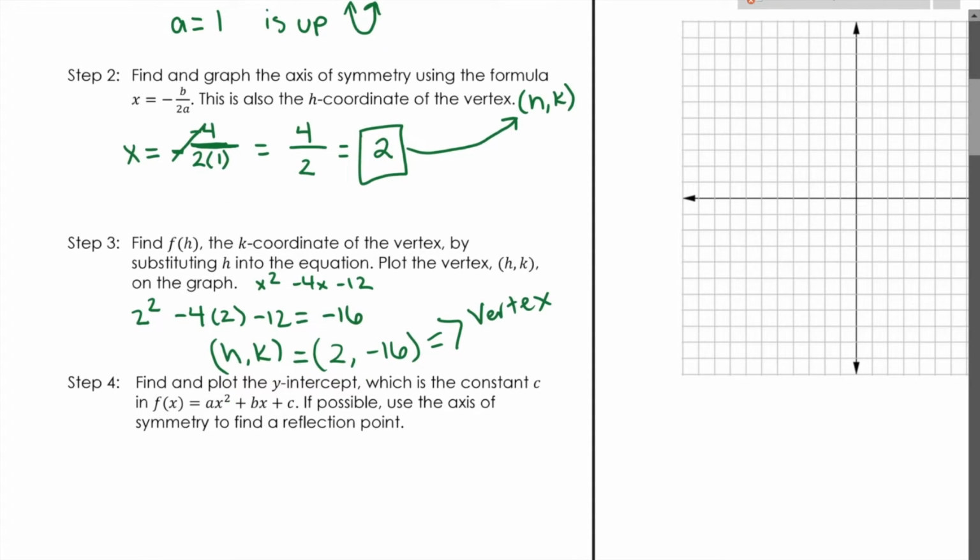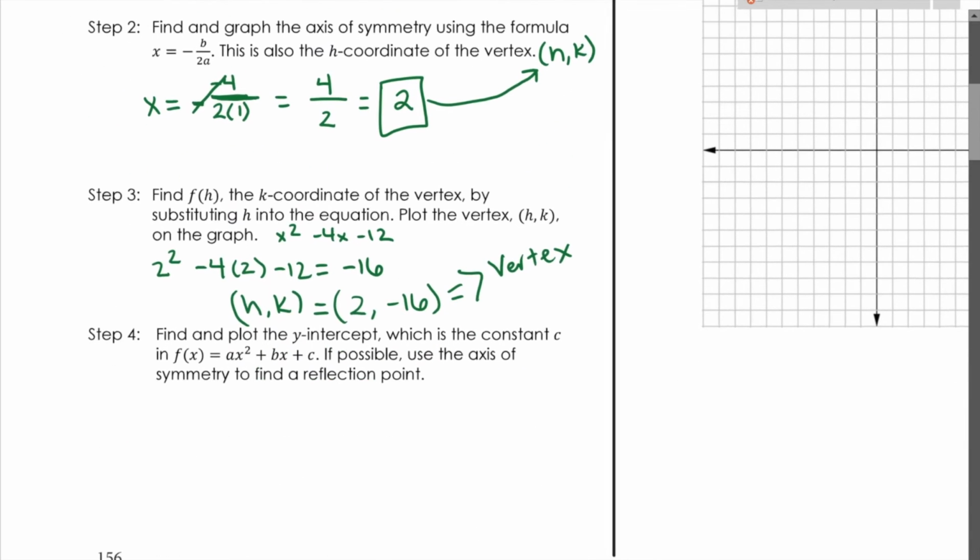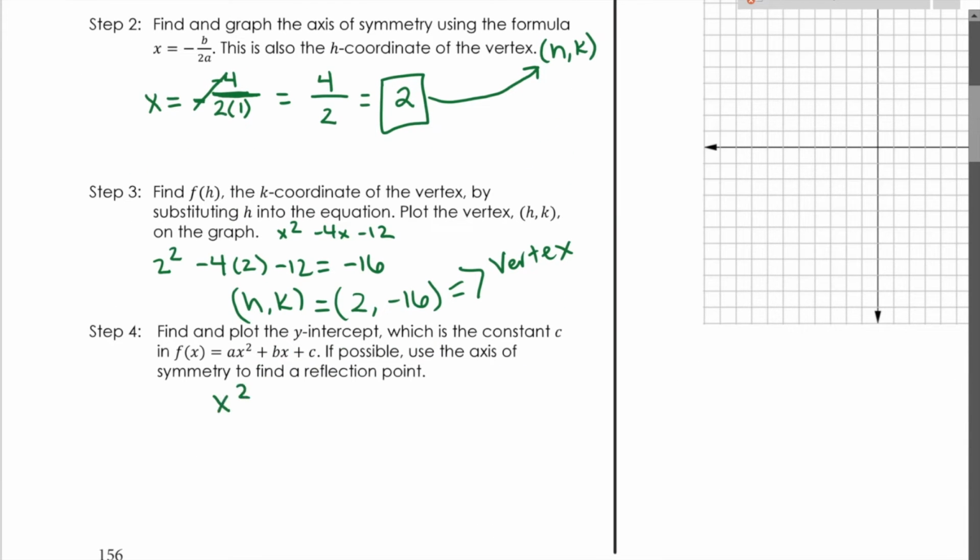Find and plot the y-intercept, which is the constant c in f of x equals ax squared plus bx plus c. If possible, use the axis of symmetry to find the reflection point. So what that means is, I'll write the problem down, x squared minus 4x minus 12.